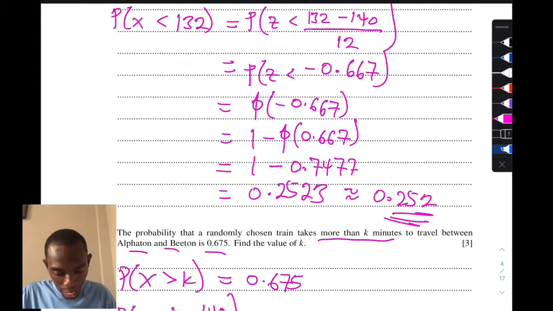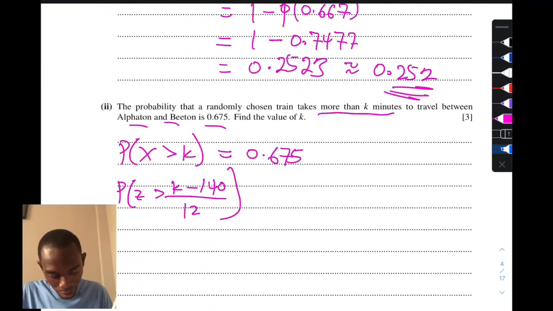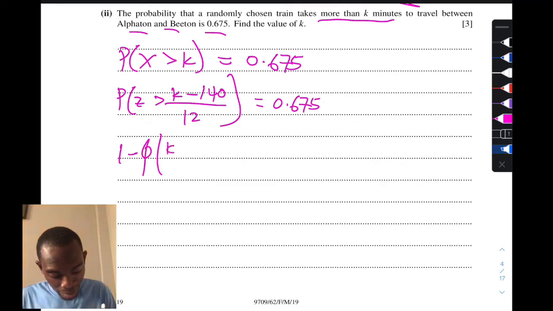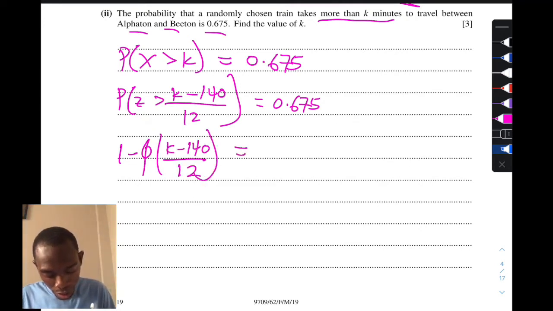Let me confirm that. Mean 140, standard deviation 12. Great. So yeah, sometimes I make mistakes. So this is 1 minus phi of k minus 140 over 12 equals 0.675.